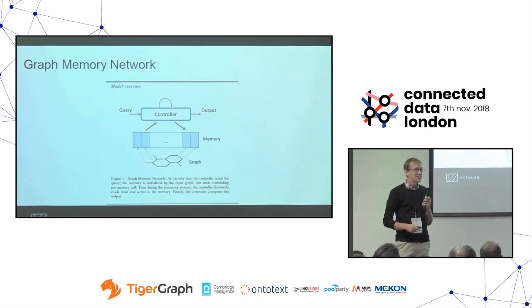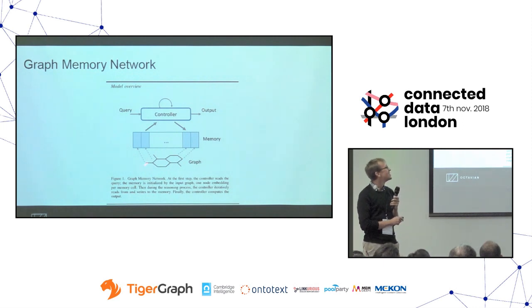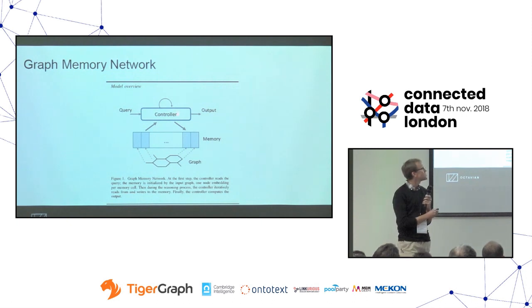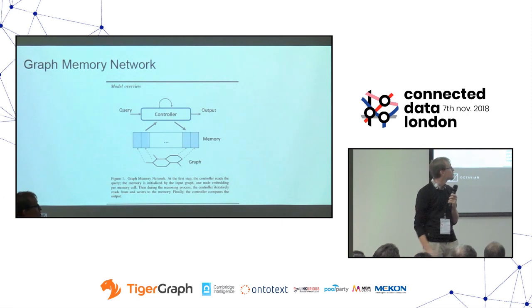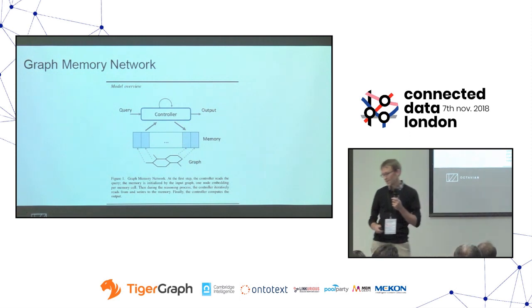Okay, so this is a slightly simpler representation of that, in case it was too much. So what we do is we have a graph, we load it into memory, and then we do many iterations of this function where we update the graph based on that algorithm using a load of weights and some controller that we've trained as a neural network. And eventually, after we've done this cycle of updating the graph in memory, reading it out, updating it, we get some output, and hopefully it's the answer.